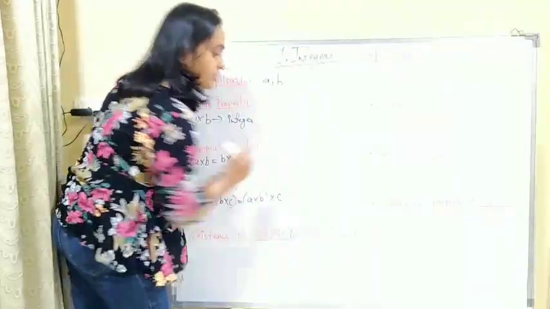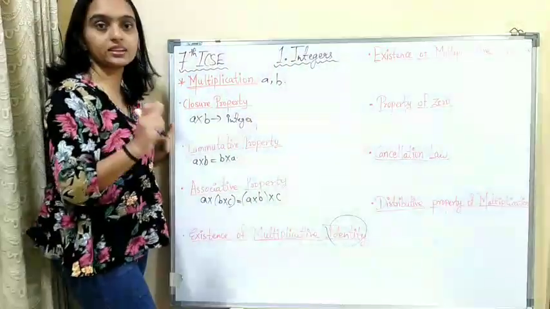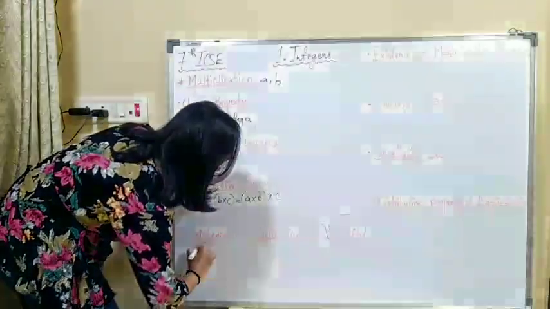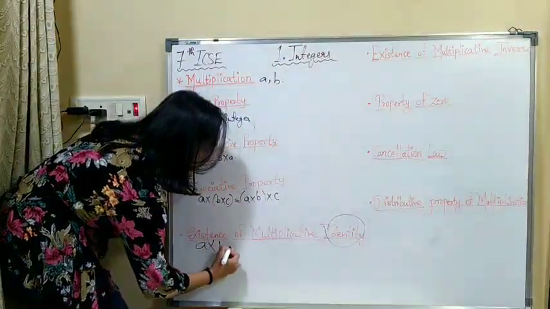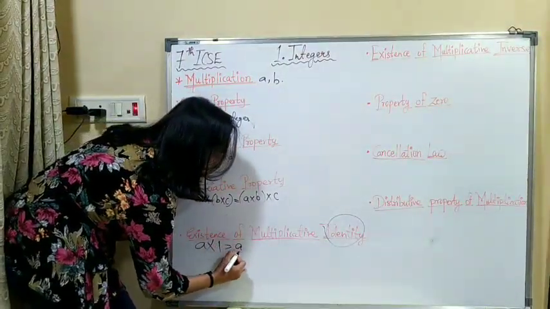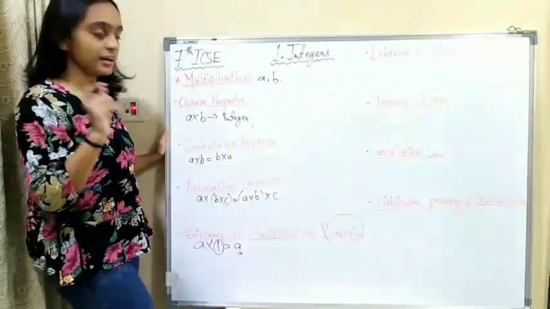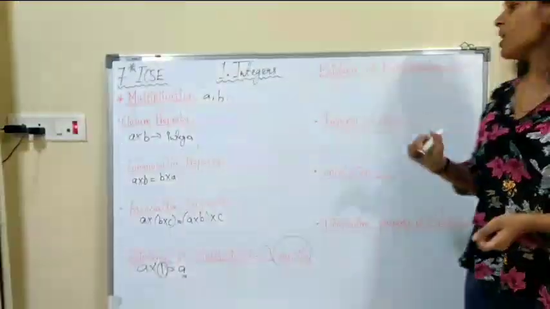Existence of multiplicative identity. Now you again know what identity is. Identity means getting the same integer. So if you have any integer, say A, when multiplied by 1 you get A itself. That is, 1 is said to be the multiplicative identity. Now existence of multiplicative inverse.